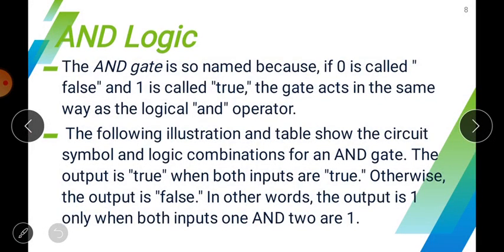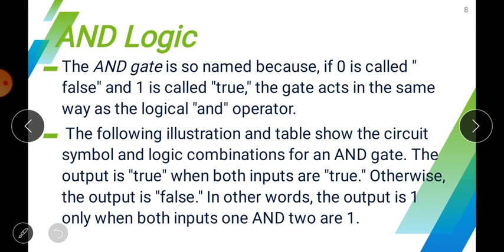Now moving forward, the very first logic that I am going to tell you is the AND logic. As you can define AND in our daily life, when we are combining two conditions, condition 1 and condition 2, if both conditions are true, then only the result evaluates to true.